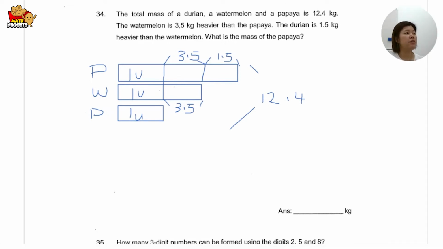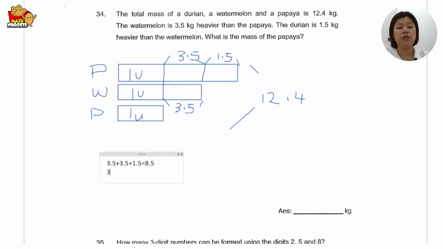Okay, so let's do the calculation. Okay, we can take 3.5 plus 3.5 plus 1.5 equals to 8.5.